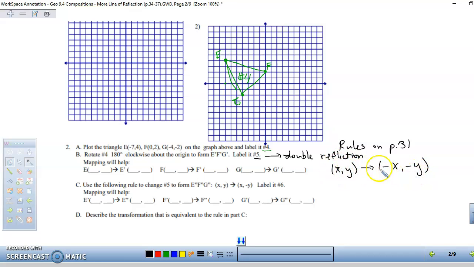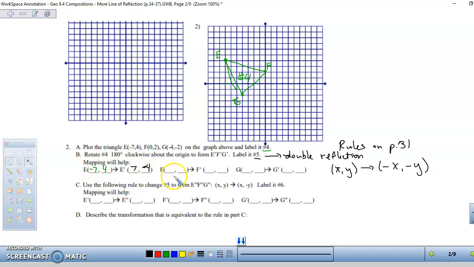So you take x, y, and you change it to negative x, negative y. Okay, so that's easy enough to do. So E is what we're starting with, so that's going to be negative 7, 4. And then E prime, you change the signs. So I get 7, negative 4. Okay, that's all you do.